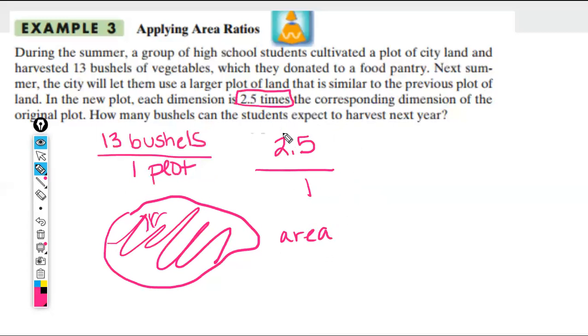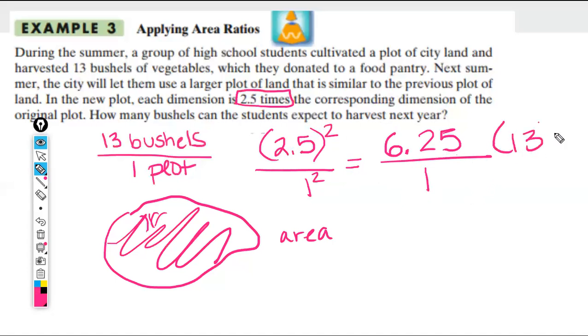So what we want to do to this ratio is square it to actually get the area ratio. So in the new plot of land, the areas will have a ratio of 6.25 to 1. And we can take that 6.25 times as much land and multiply it by 13.